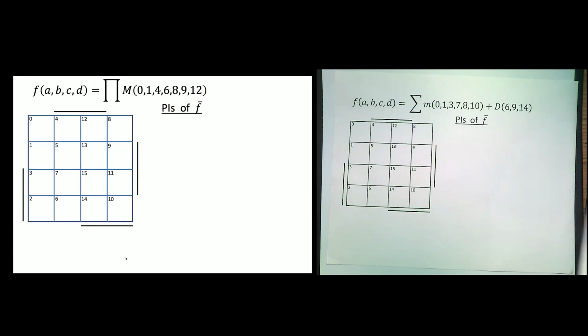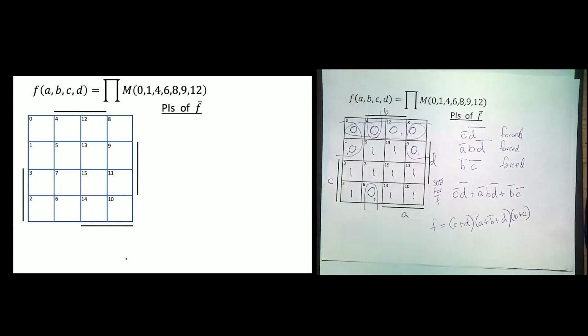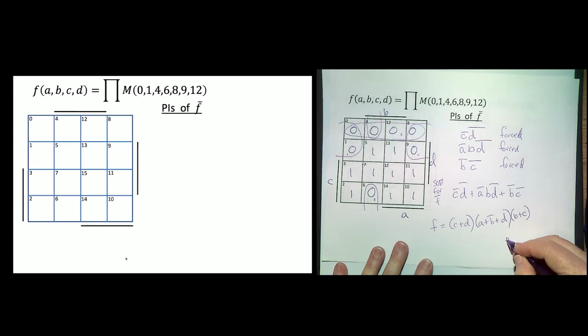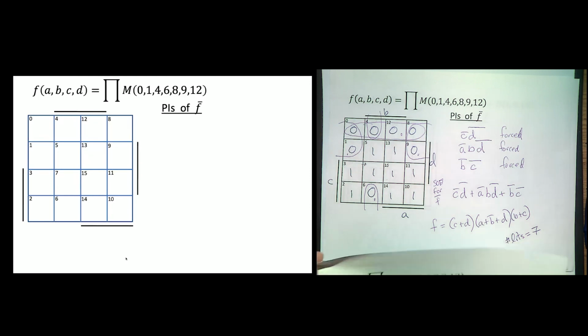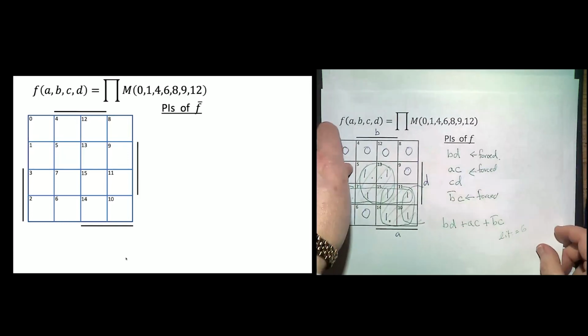Okay, so what did you get? Did you get this? Okay, I got it right. And to finish it off, number of literals is 7. So how did that compare? When we did the sum of products for this one, we got 6.